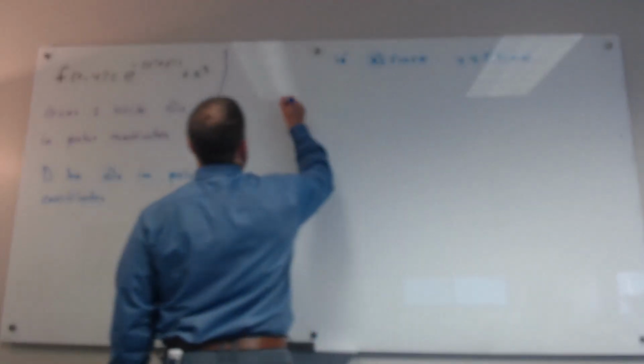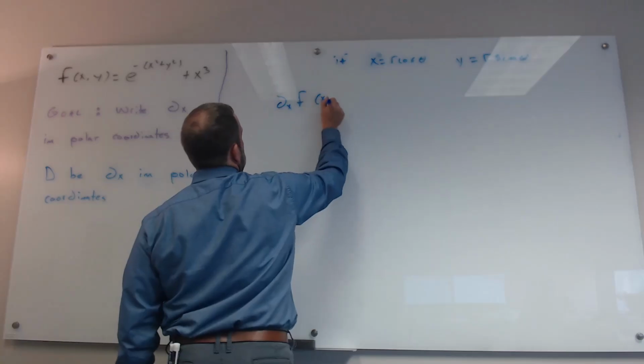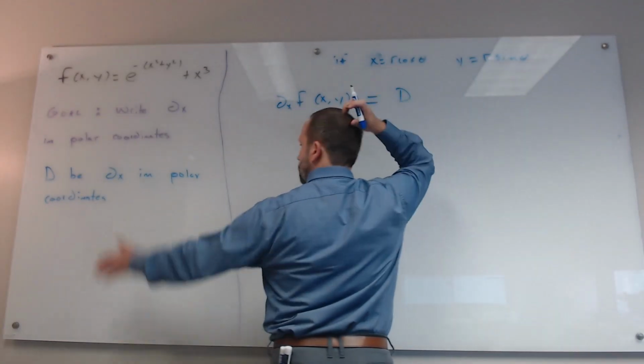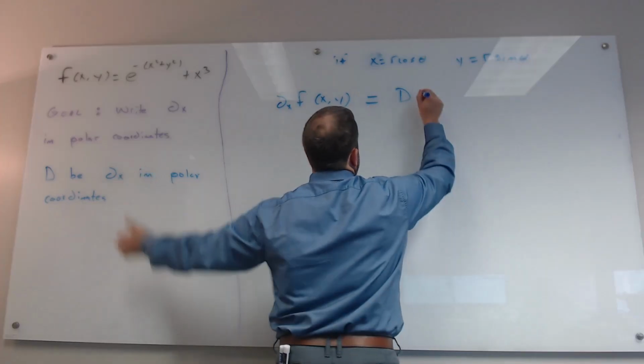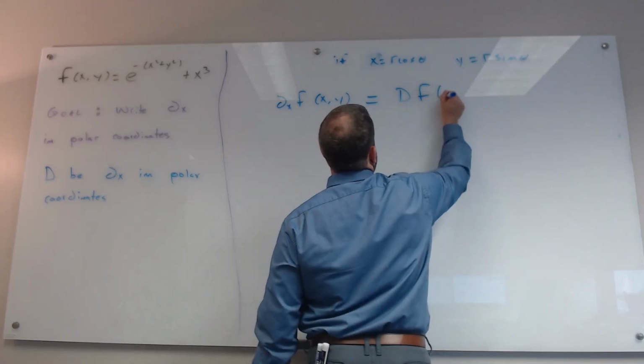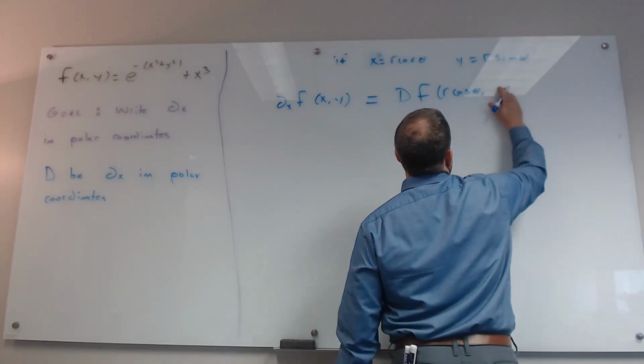If x is equal to r cosine theta and y is equal to r sine theta, then what I want to have happen is the x derivative of f of x, y is equal to whatever we're going to come up with, the r, theta polar coordinate derivative of f of r cosine theta, r sine theta.